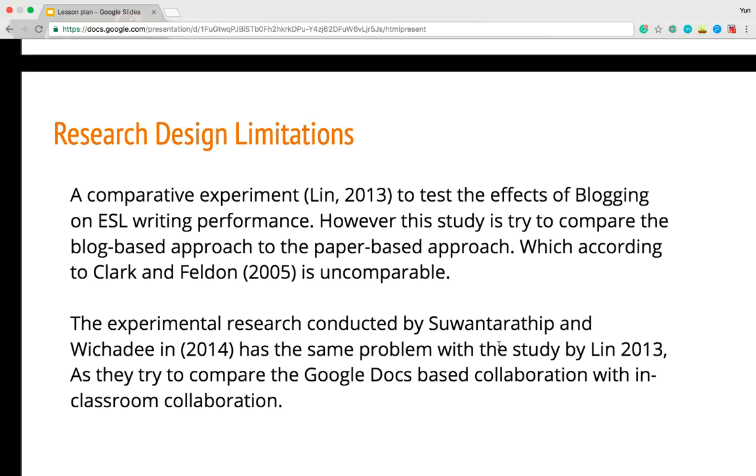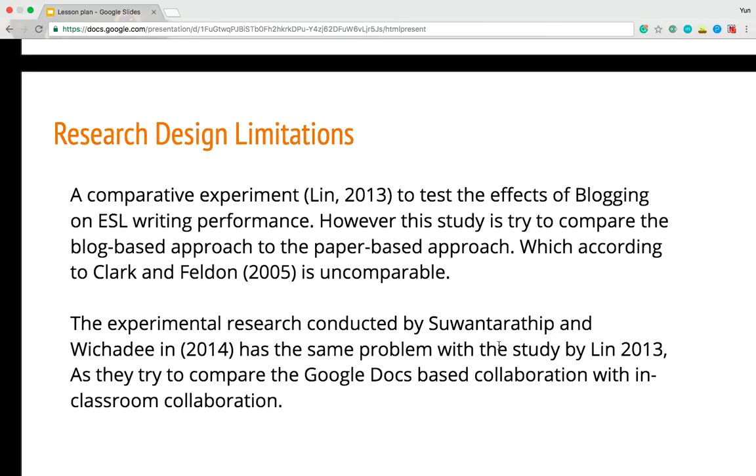Another study is experimental research conducted by Suwantarathip and Richard D. in 2014, which has the same problem as the study by Lin in 2013, as they try to compare Google Docs-based collaboration with in-classroom collaboration.